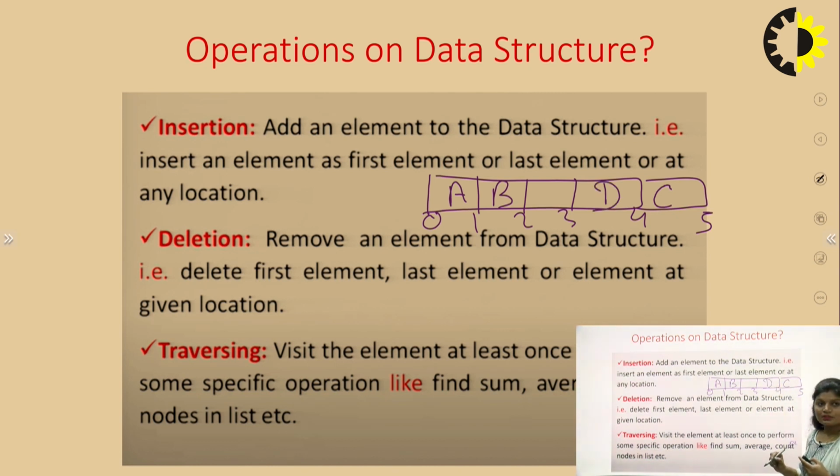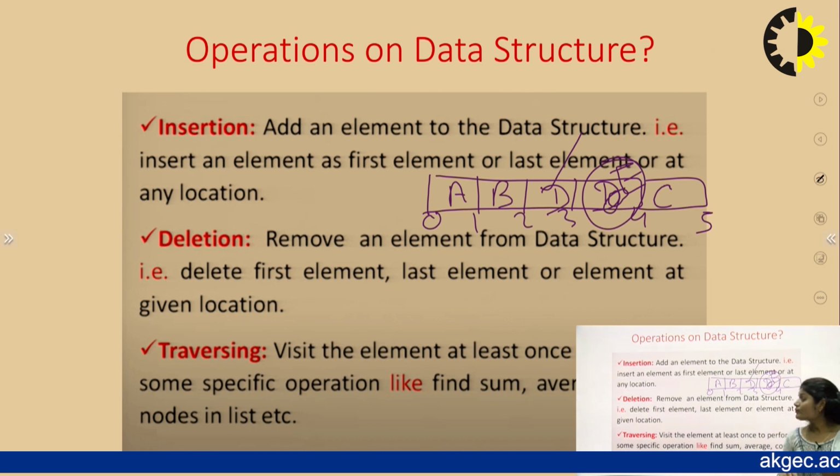If you want to insert an element at a position where an element is already present, don't worry, you can insert there. You shift that element over and insert the new element in its place. So insertion in an array can be from the first position, from the last position, or at any specified location.